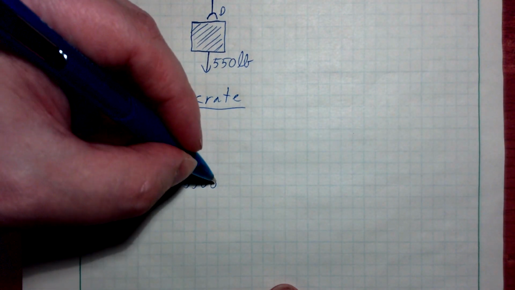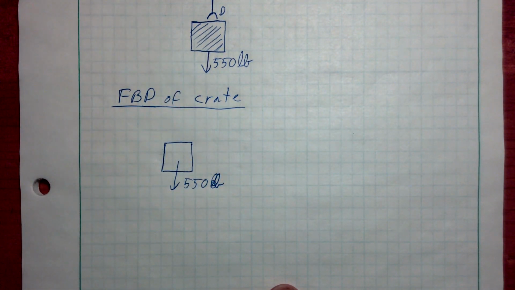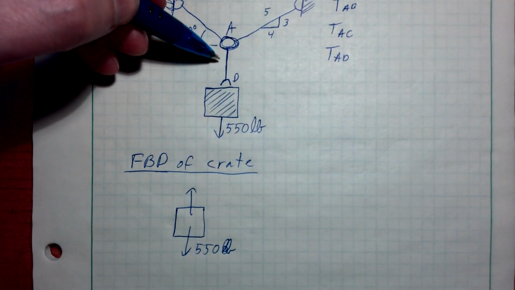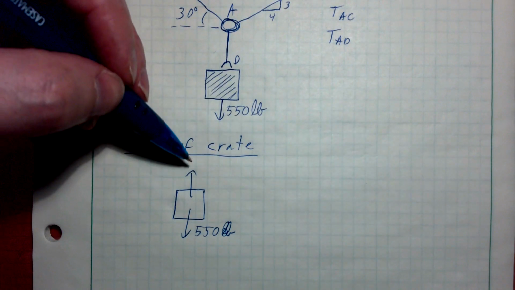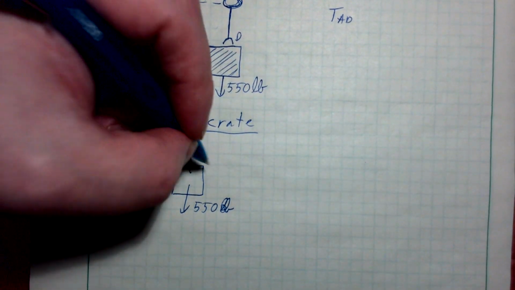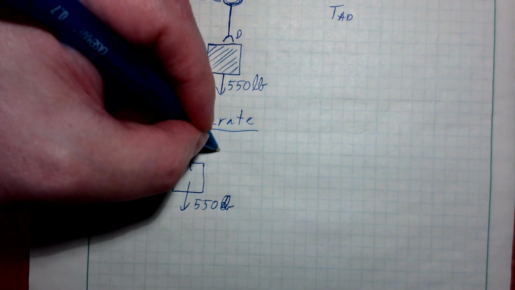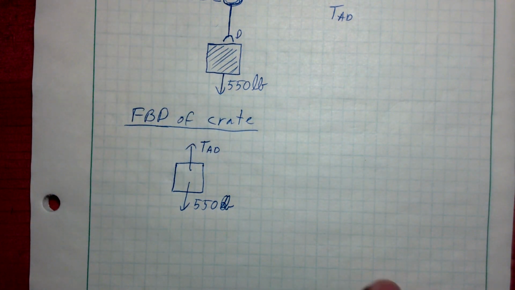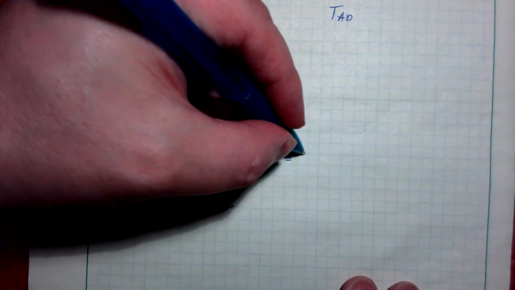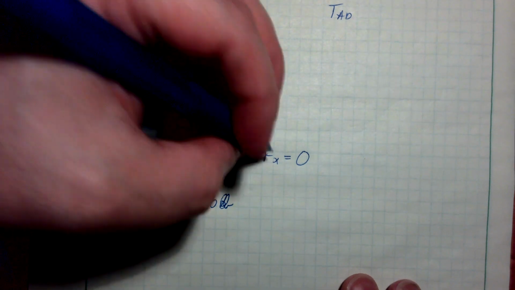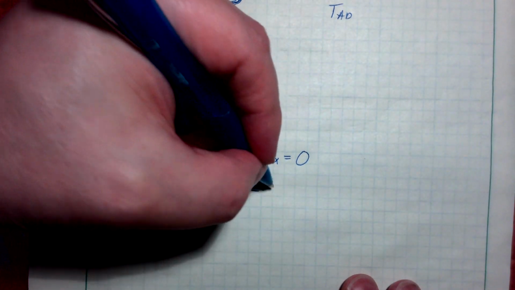I've got 550 pounds weight acting down, and going up, I've got a cable here. Anytime I've got a cable on a free body diagram, I replace that with a tension force. This is tension AD, because a cable can only hold tension. If I add up the sum of forces in the x direction, that's equal to 0. Well, there are no forces in the x direction here, so nothing to add.